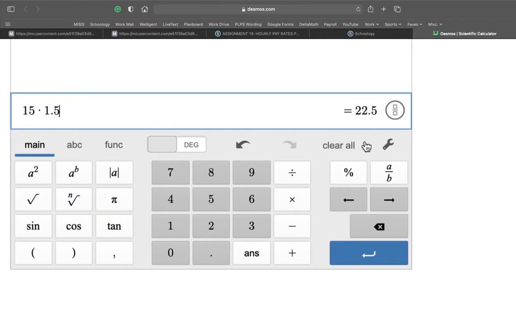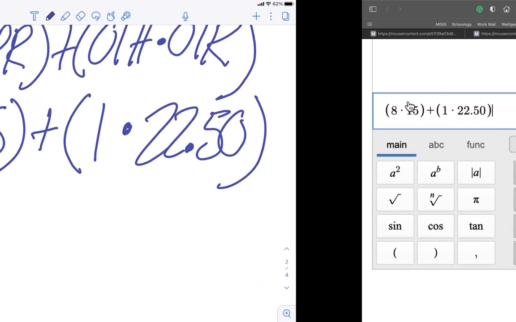Okay, so parentheses 8 times 15 plus 1 times 22.50, and we get $142.50.